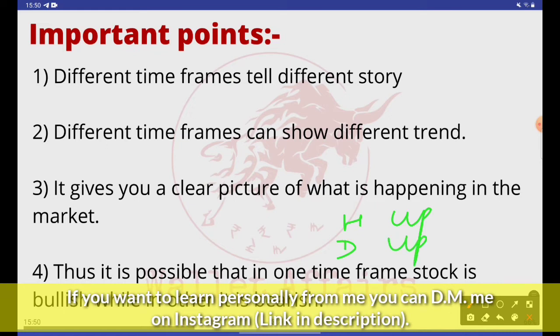And now what you are going to do, while taking an intraday trade, suppose it is the time frame of 15 minutes. Now, will you be taking a downward trade, or short trade, or a trade in downward trend?